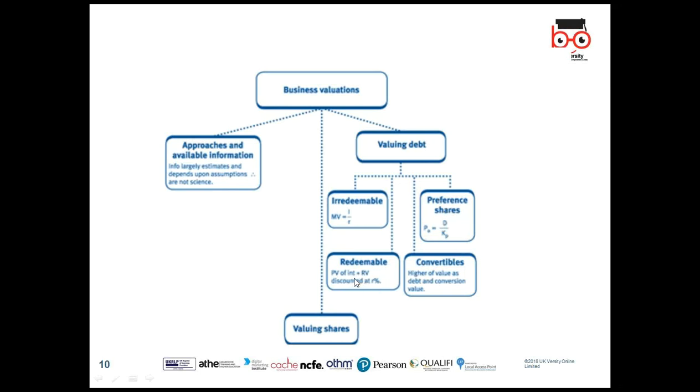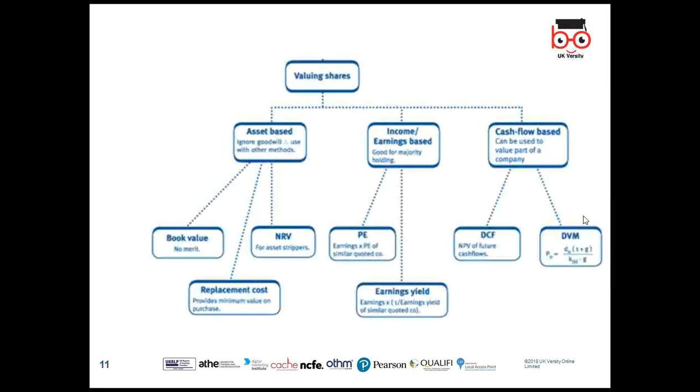Redeemable is the present value of discounted receipts which we'll get in future. Convertible can be converted either into debt or into other shares. Valuing of shares, we can use the asset based approach like earlier, and the income earnings based approach, and these are the formulas we can use as well.